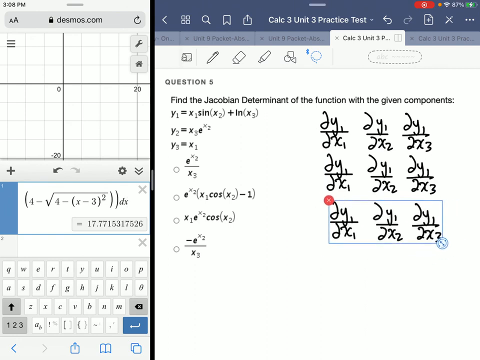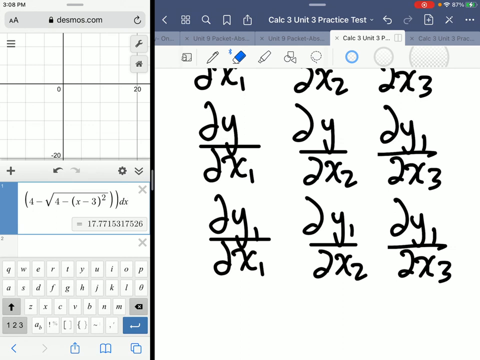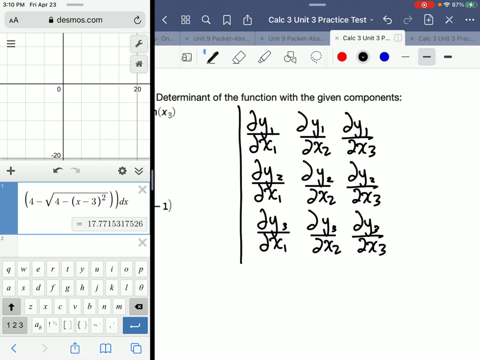So I just need to erase and rewrite. That's what we're ultimately looking for.